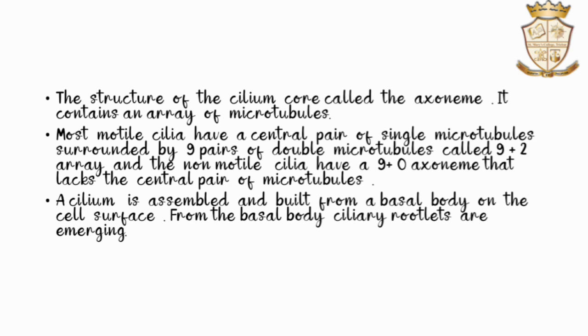Most motile cilia have a central pair of single microtubules surrounded by 9 pairs of double microtubules, called the 9 plus 2 array, and the non-motile cilia have a 9 plus 0 axoneme that lacks the central pair of microtubules. The cilium is assembled and built from the basal body on the cell surface. From the basal body, ciliary rootlets emerge.